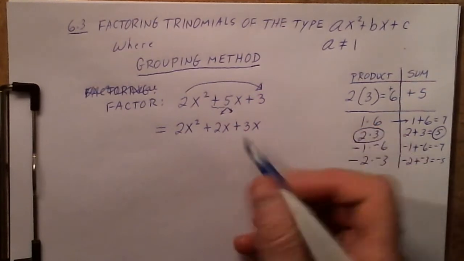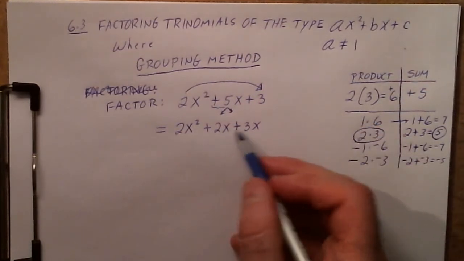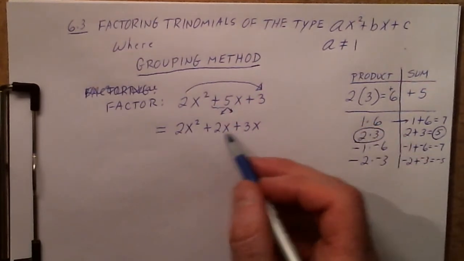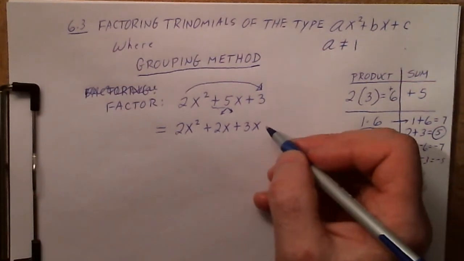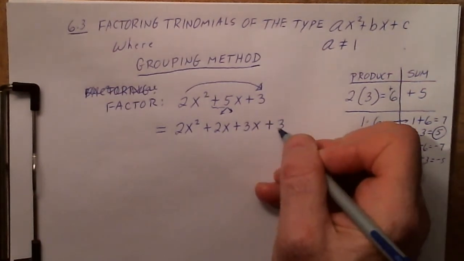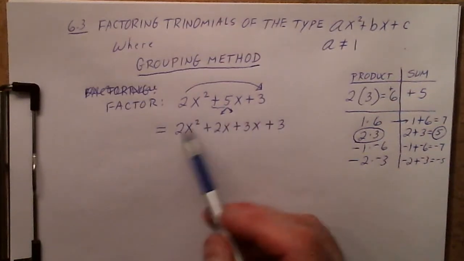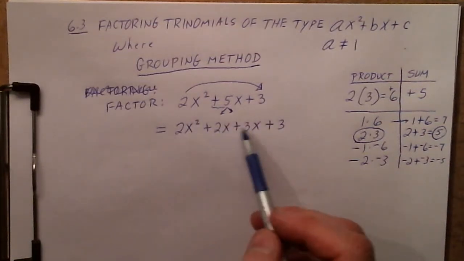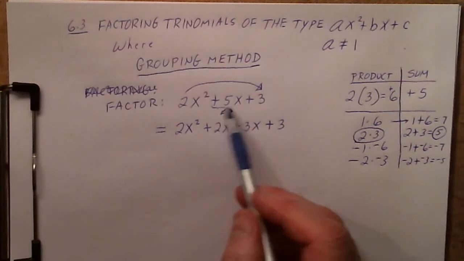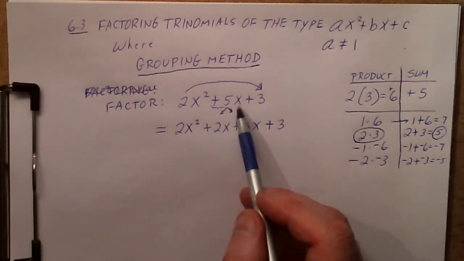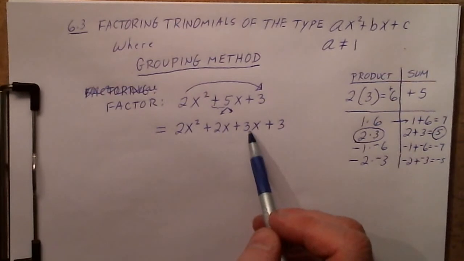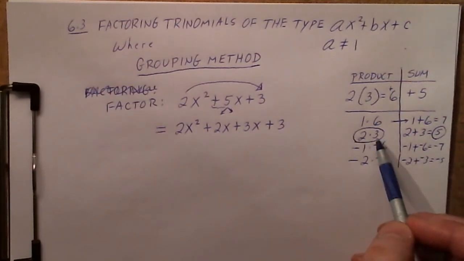Or you could have these switched around. You could have plus 3x plus 2x. Doesn't matter what order in which you list these. You'll get the same factorization in the end, plus the 3. So what we've effectively done, we have rewritten this trinomial as an equivalent 4-term polynomial, where the middle term 5x is represented now as the sum of 2x and 3x, 2 and 3 being the decided upon factors over here.